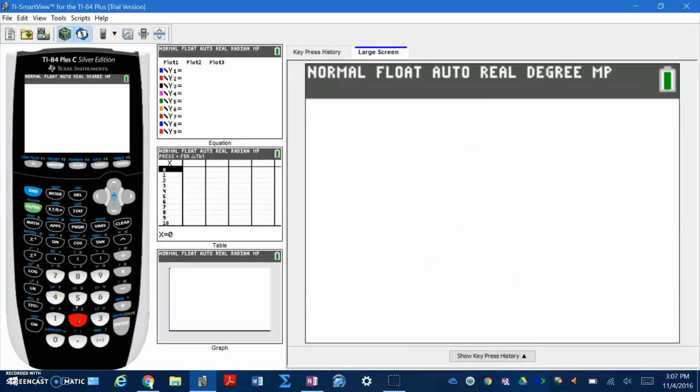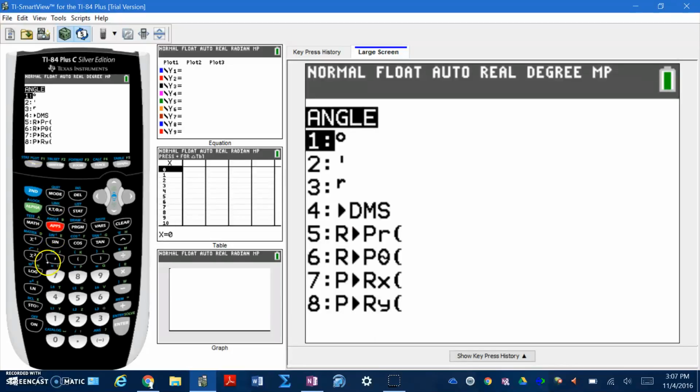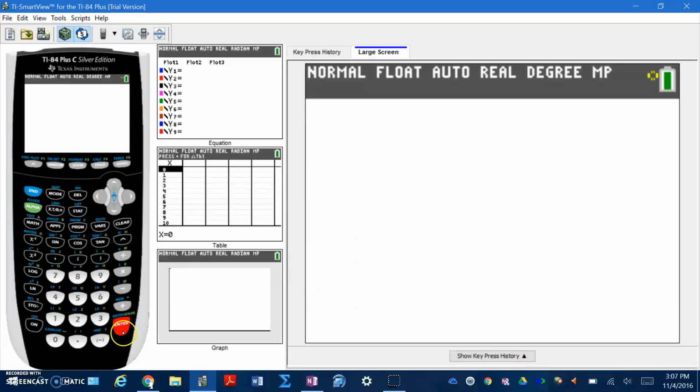and then I'll type in 275.175. I can hit second, and then the apps button, really looking at second angle. And then you can see there the option 4 feature is converting to degree, minute, second. That's the option that I'm going to go ahead and hit, and it should give me my answer.